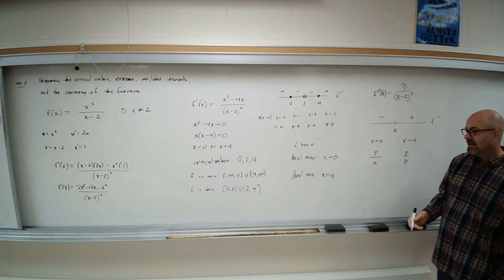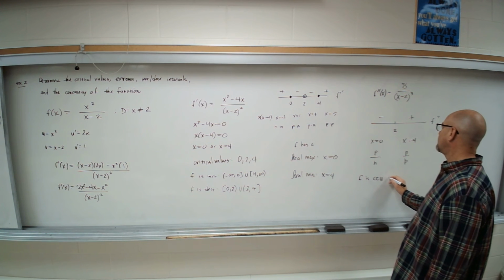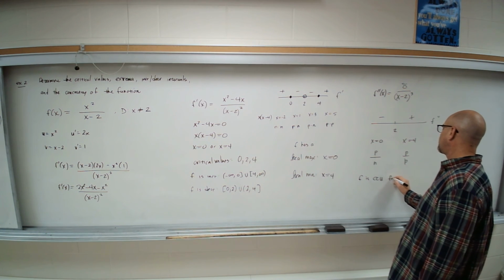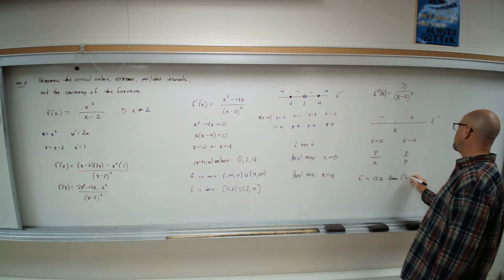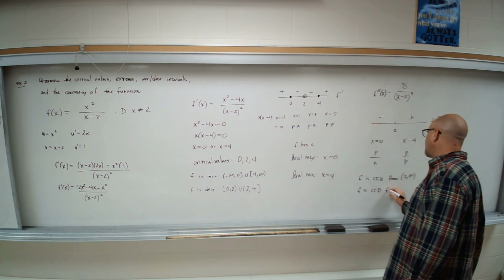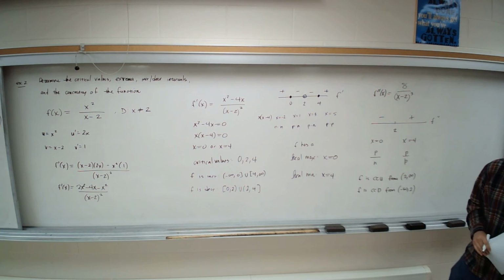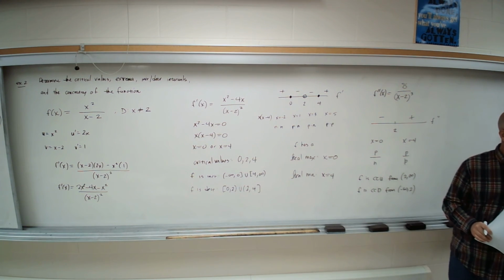Okay, so that tells us then that f is concave up from 2 to infinity. f is concave down from negative infinity to 2. Right?